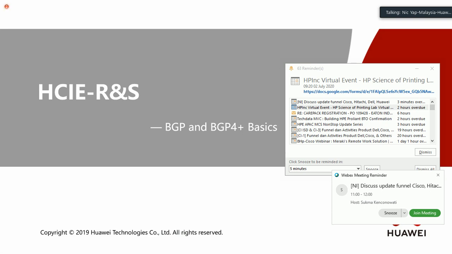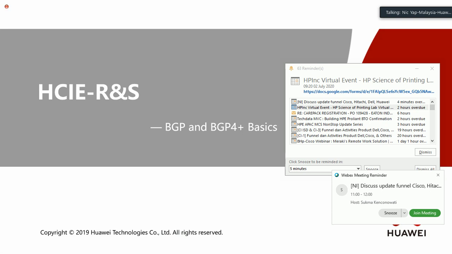This BGP protocol we're going to use only between autonomous systems, so that it can transmit your V4 and V6 routes between autonomous systems. We went through a bit on IPv4 unicast in your HCIP, so they're going to also know about all the attributes that we're using on BGP. So from here, we just give you some refreshment on what attributes we're using and what BGP principles we're going to go through.